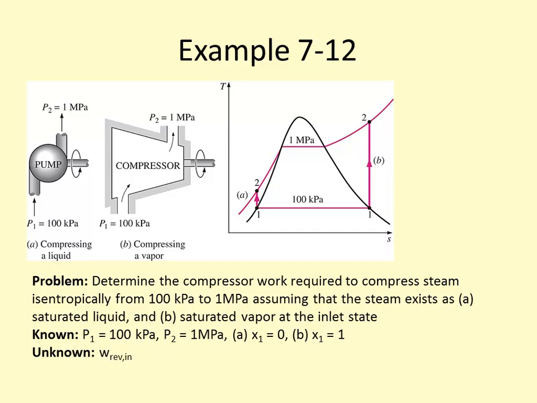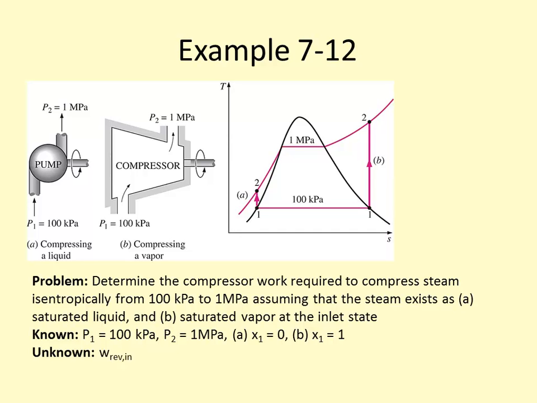And we're going to need to look up a couple of other property values. H is equal to H sub G, which is 2675.0 kilojoules per kilogram. And S is S sub G, which is 7.3589 kilojoules per kilogram Kelvin.